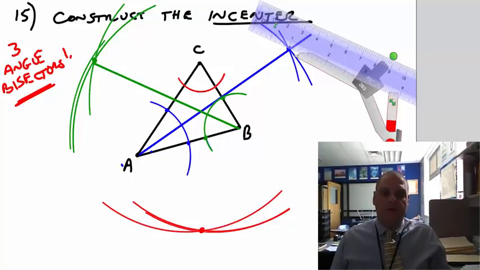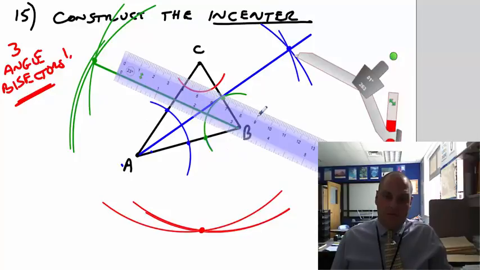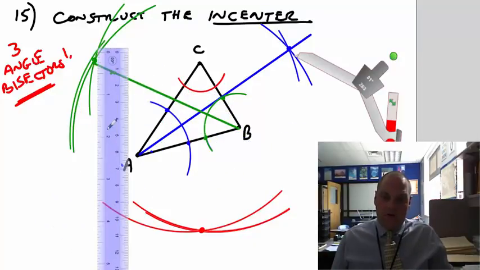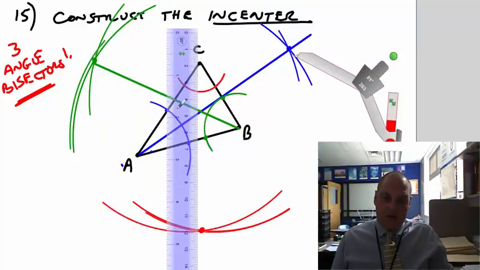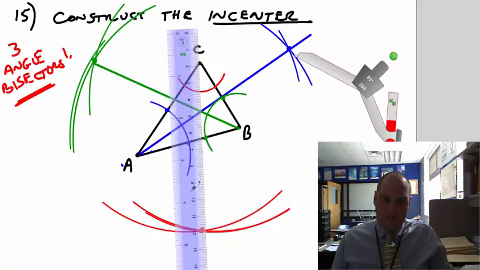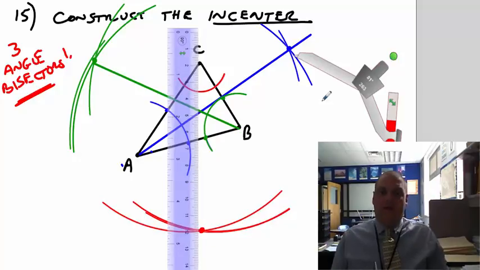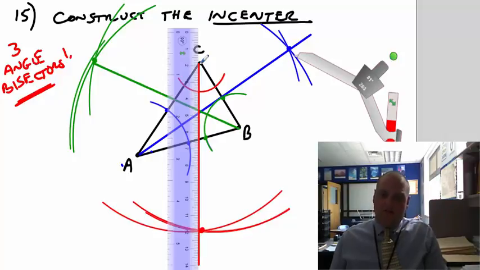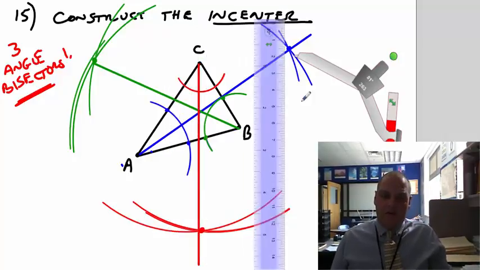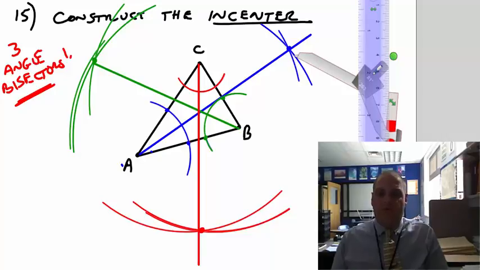Right there. So now straighten out that ruler and we're going to draw this last angle bisector here. Sort of, kind of, the best I can. I can't get it to snap right on there, but we're going to do the best we can here. See, it's off just a little bit to the left. I couldn't get the ruler to snap right on where it was supposed to be.